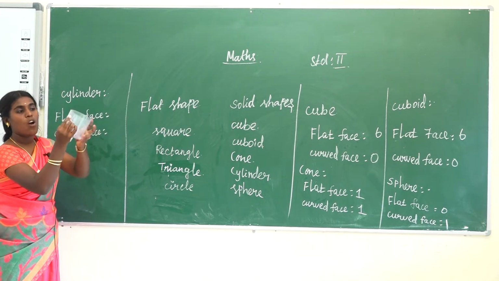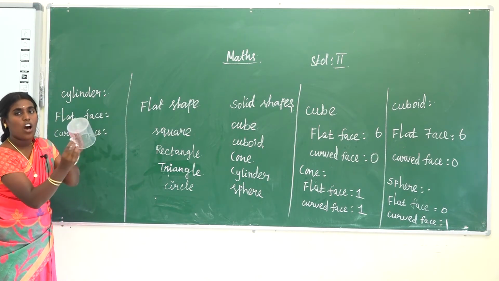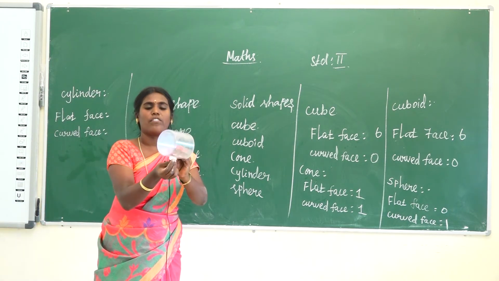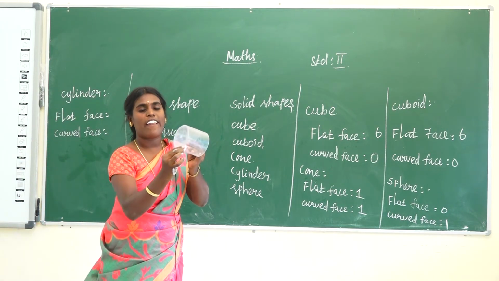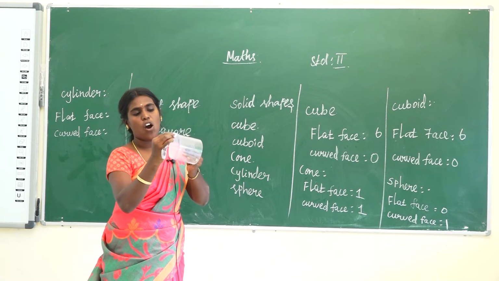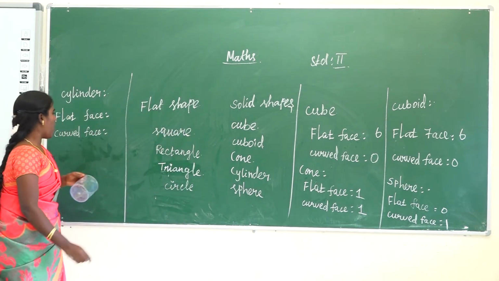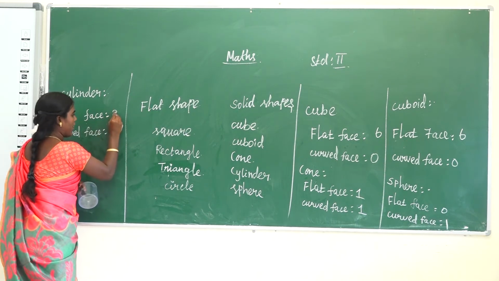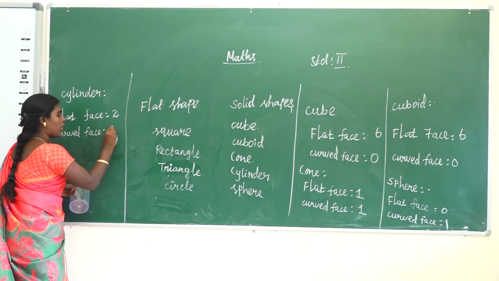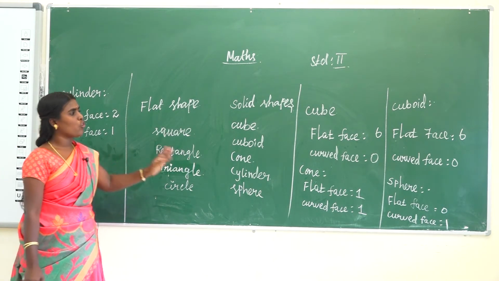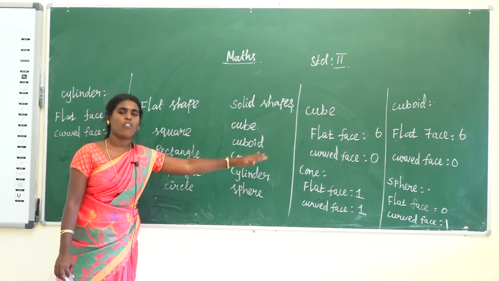It has only one curved face. Then two flat faces. So how many? One, then two. So cylinder has two flat faces, then one curved face.